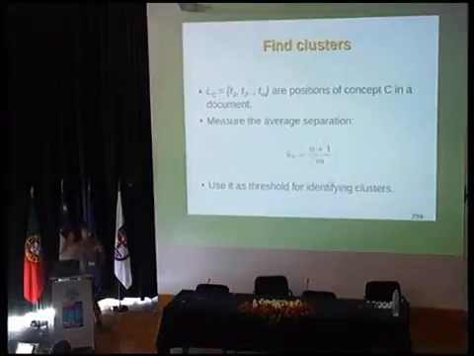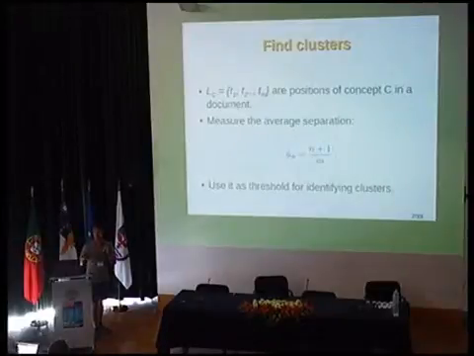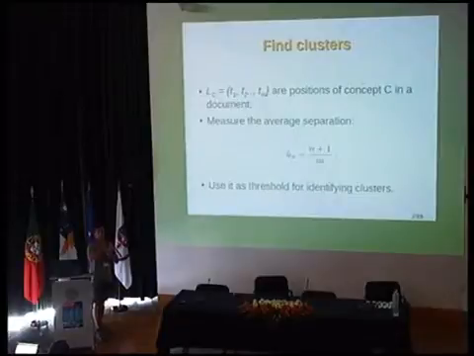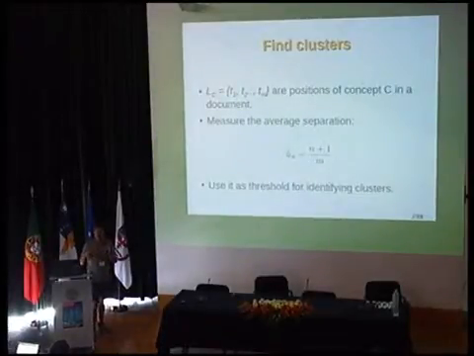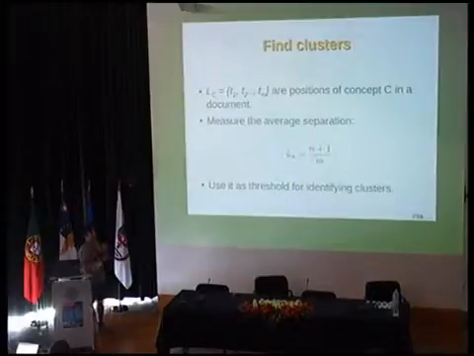So first of all, how do we find clusters? A very simple thing. We have a list of the positions where a concept occurs in the document. Okay, it occurs in position 20, position 60, whatever. And then we do simple mathematics. We compute the average separation.